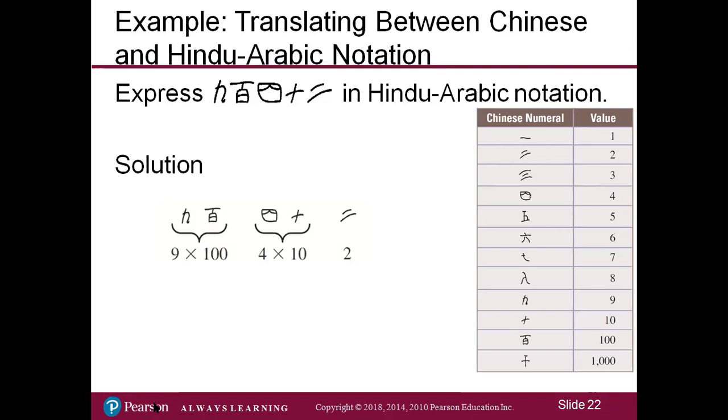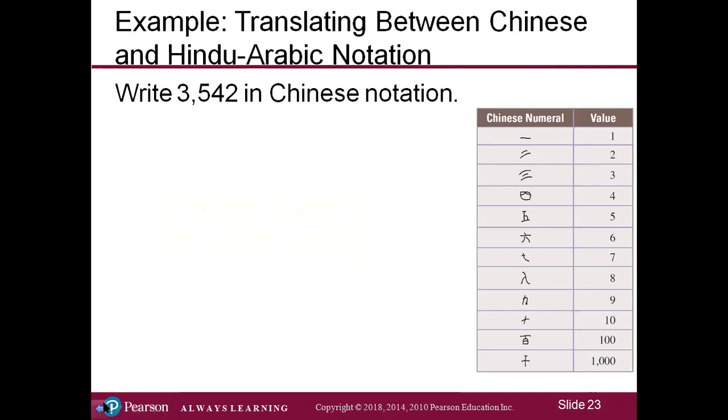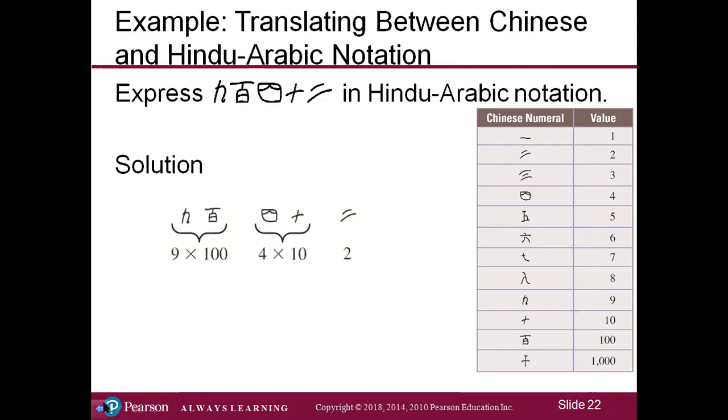So the lowercase t is the 10, the base 10 system. So we have a coefficient times a base 10 number, coefficient times a base 10 number, coefficient, no need for a base 10 number because the base 10 number here is the unit, or the 1. So we have 9 times 100 plus 4 times 10 plus 2 for 942.